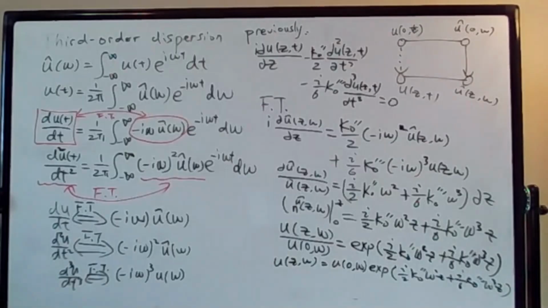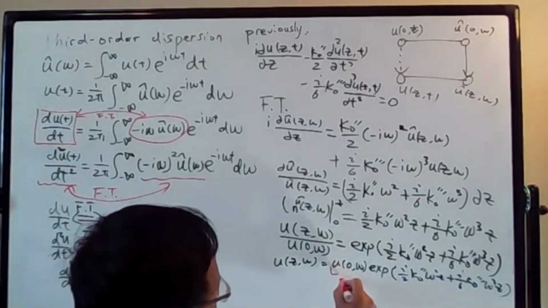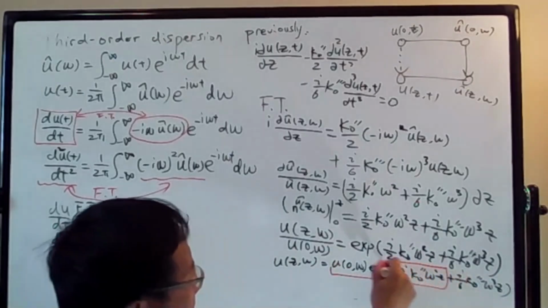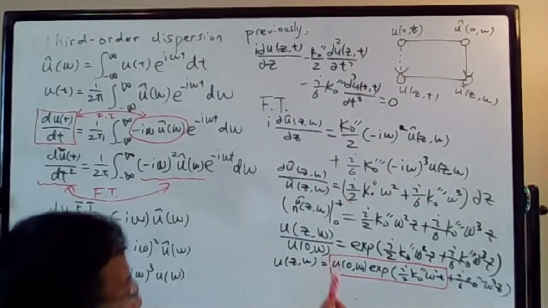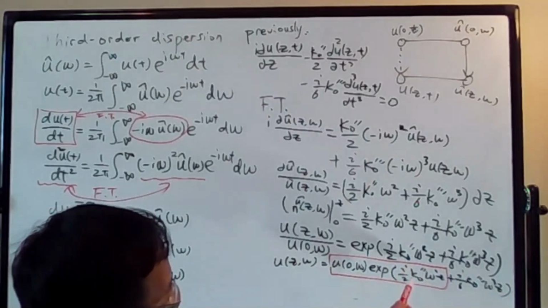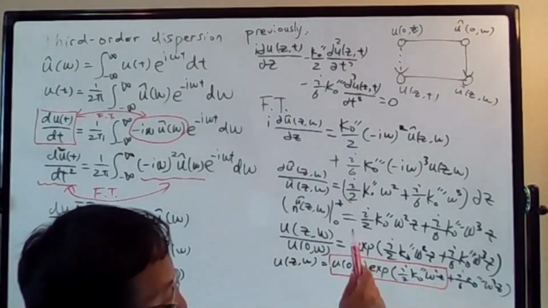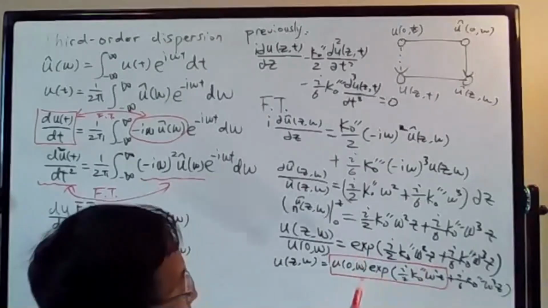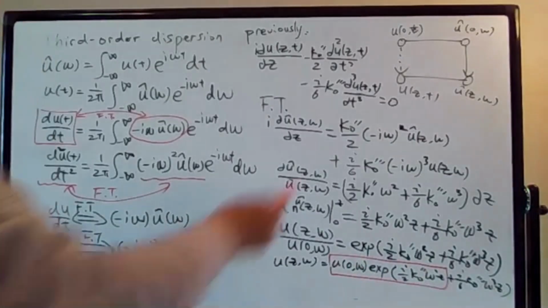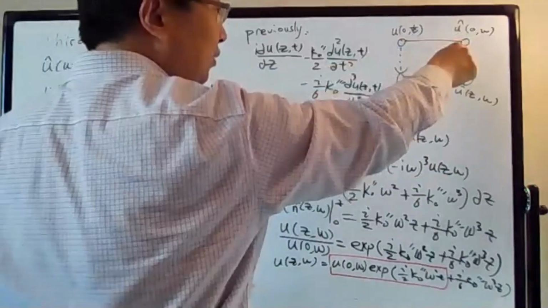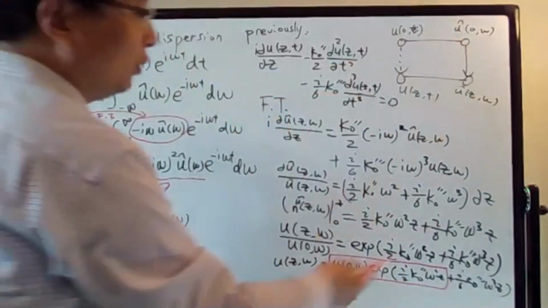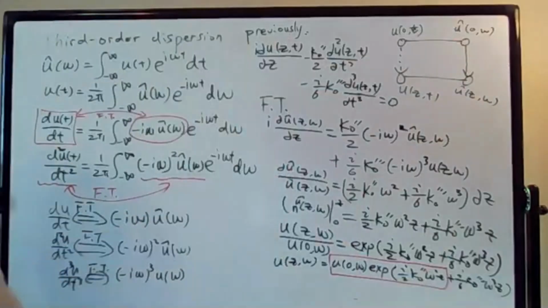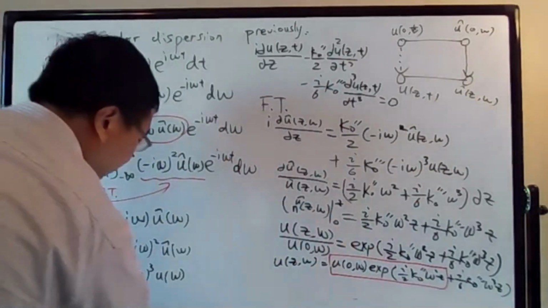Now remember, this term looks familiar, right? u tilde z omega is u0 omega exponential i/2 k0'' omega squared z. This is the component we just solved for the second order, right? That's this step here. Now we want to add the third order. So it's just simple additional terms, right?